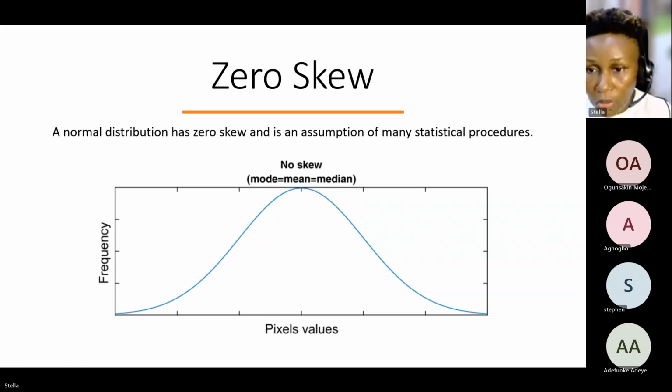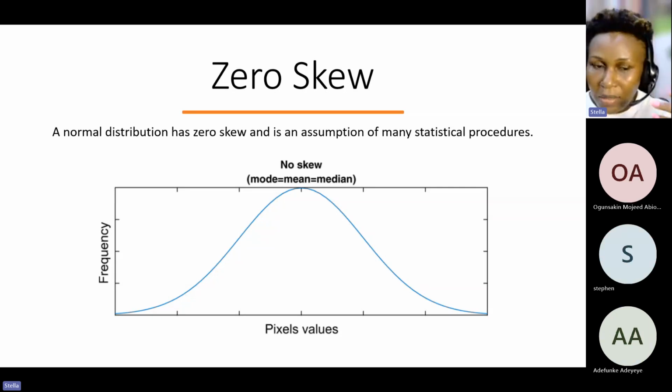This is the normal bell curve, and it shows zero or no skewness. Like that example of our mean, median, and mode that we solved some weeks back, recall that our mode, mean, and median were equal. In that kind of scenario, what we have is a normal distribution.